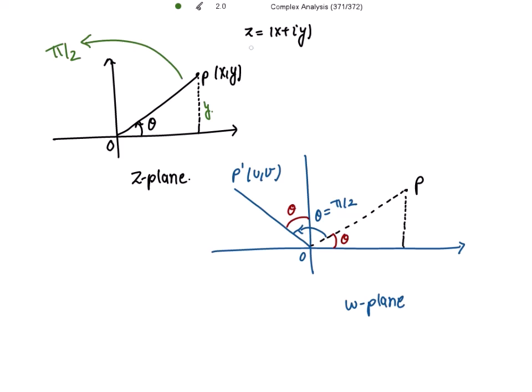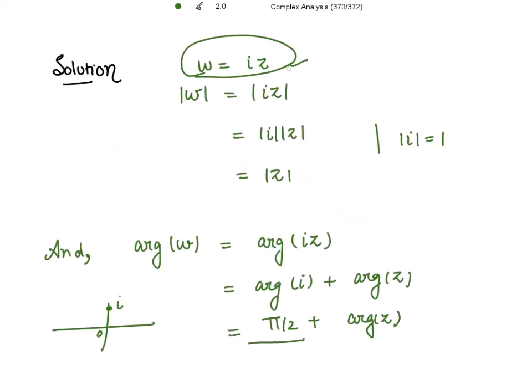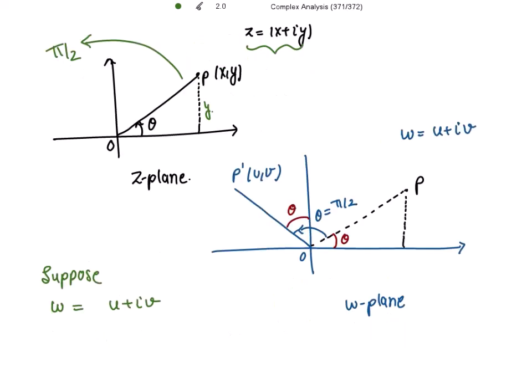If in the z plane we have z equal to x plus iota y, then in the W plane we have W equal to u plus iota v. So suppose we have W equal to u plus iota v, and we know that W is given to be iota z. So putting iota z here and u plus iota v, and z is x plus iota y, that is equal to u plus iota v.